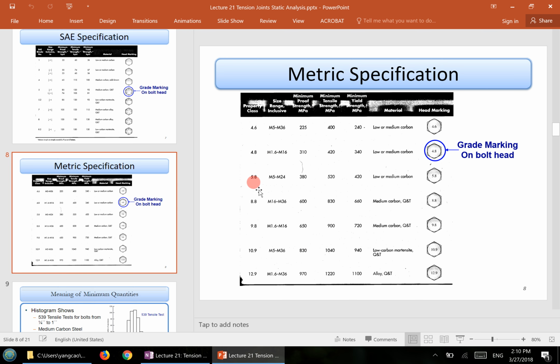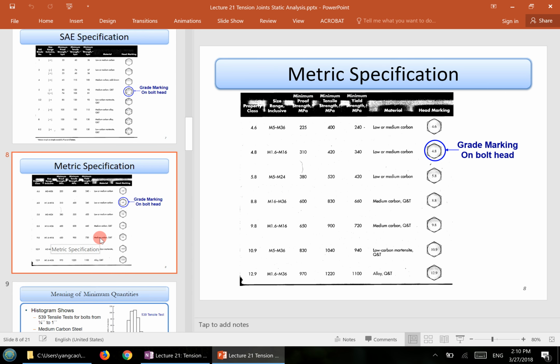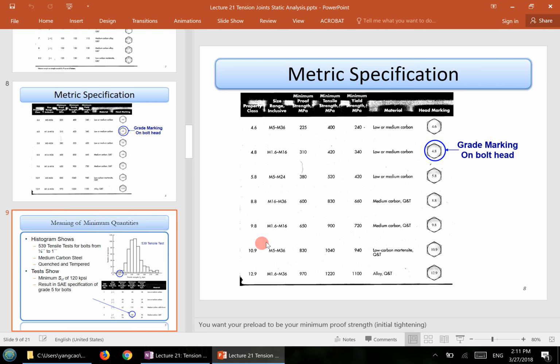Then you look up 5.8: this is the range of major diameters that can be grade 5.8, and the proof strength here is 380 MPa. So that's when you make use of these three tables. They are all in the textbook, by the way.